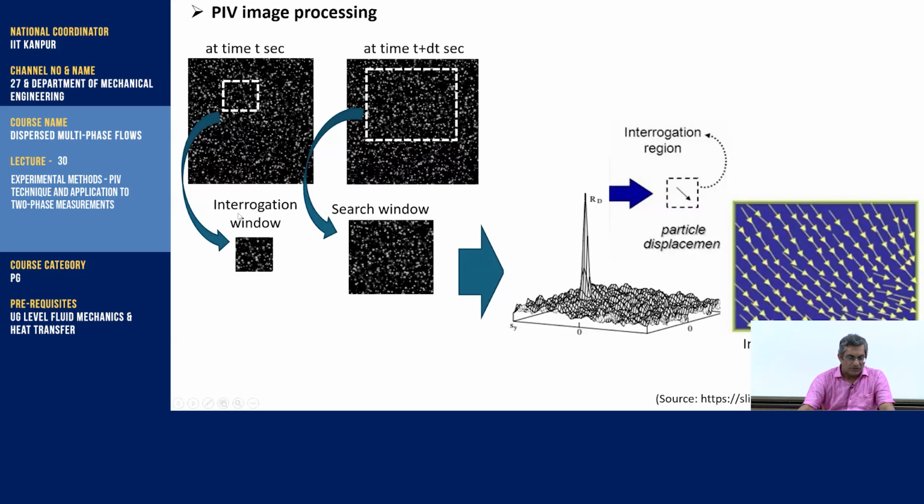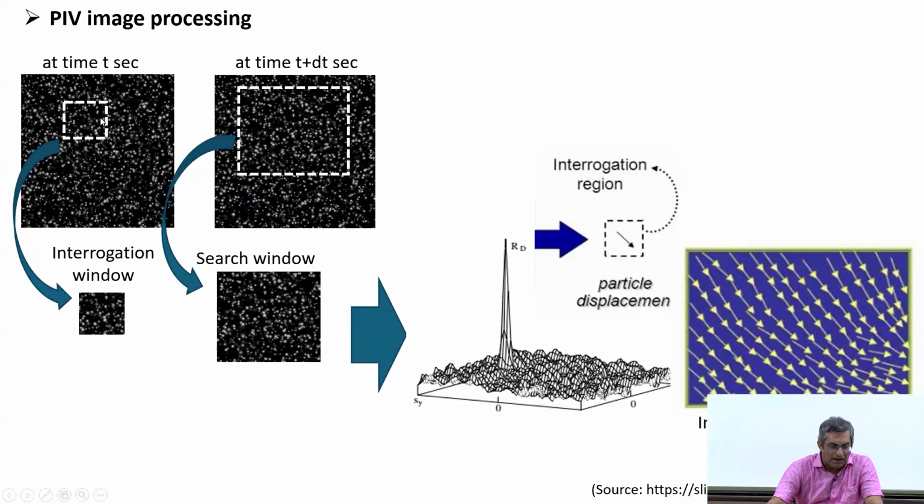As I mentioned, you define an interrogation window here and a search window here, and you go on matching this window over this, and you try to see at which location this window matches one part of the search window. Now, let us say you see that this window is matching this part well. This means that this should be the velocity.